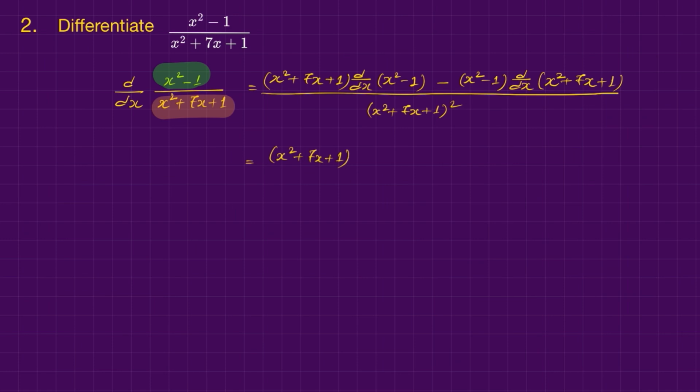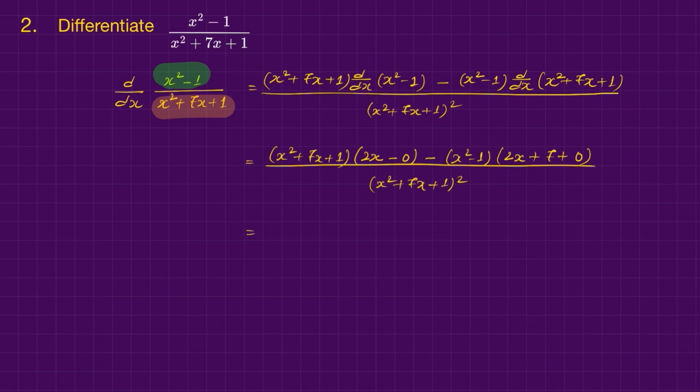Now here d/dx of x square means 2x, minus d/dx of 1 will be 0, minus x square minus 1. Here d/dx of x square will be 2x, plus d/dx of 7x will be 7, plus d/dx of 1 will be 0, whole divided by x square plus 7x plus 1 square.